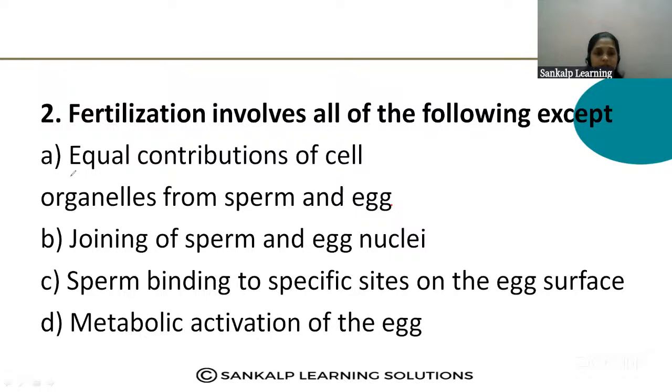Here, read the first option: equal contributions of cell organelles from the sperm and egg. But one thing you should know is that when the sperm reaches the ovum, there is no equal contribution of the cell organelles in the zygote, because more cell organelles are from the ovum, from the egg, not from the sperm.